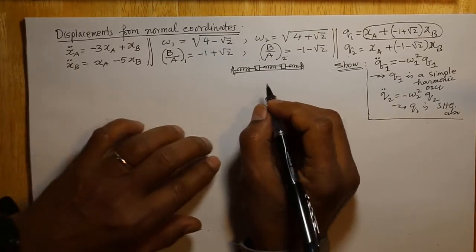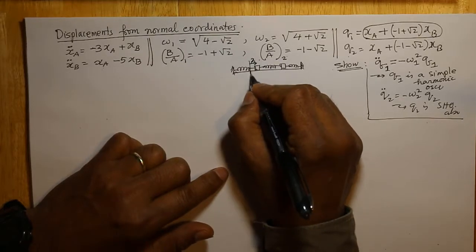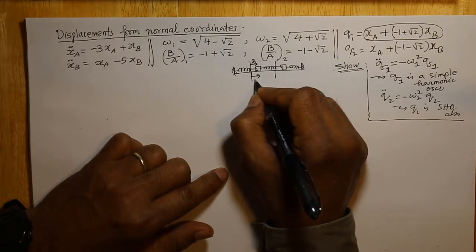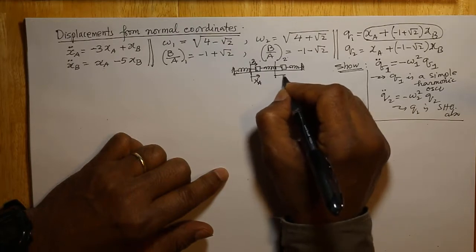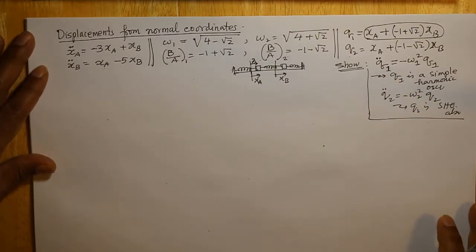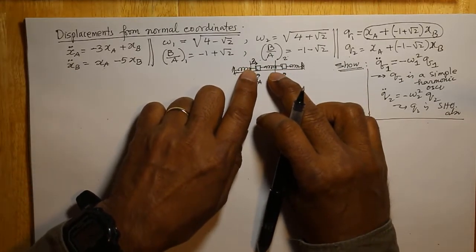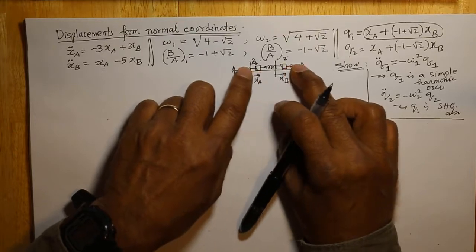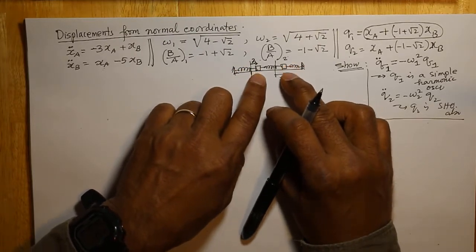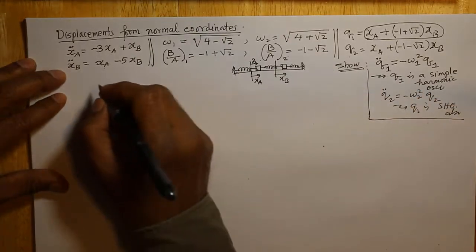But ultimately our goal is that this is XA, this is XA, and this is XB. So if I have this system, what I would like to know is, starting with any arbitrary situation, where they will be at any other time.